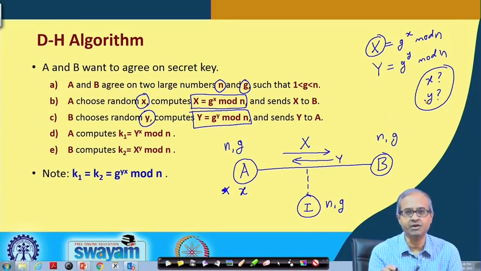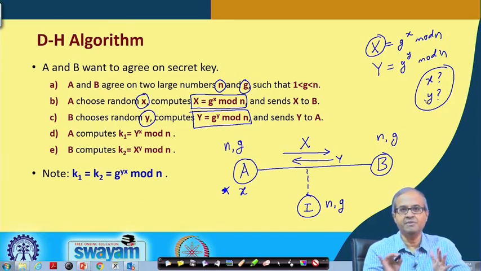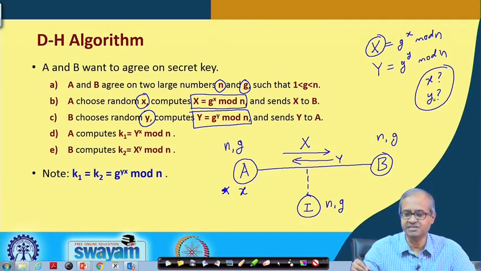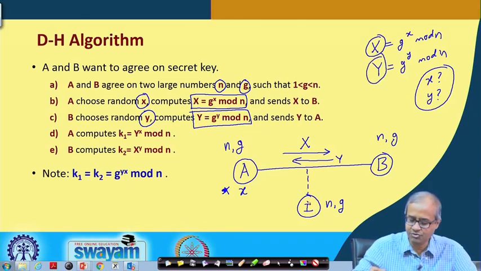This is the discrete logarithm problem, which is known to be computationally very difficult. So this Diffie-Hellman key exchange algorithm is based on this assumption that even if the intruder knows capital X and capital Y, the intruder will not be able to find the values of small x and small y.